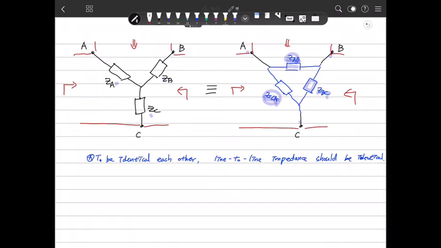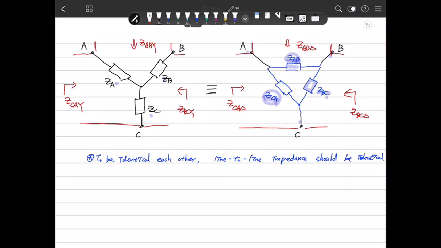So let's define this impedance G ABY and this impedance G AB delta. And this impedance, because we connect A and C, is G CAY, and this is G CA delta. And this is G BCY and G BC delta.